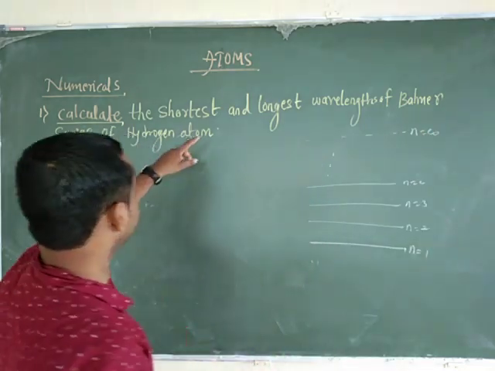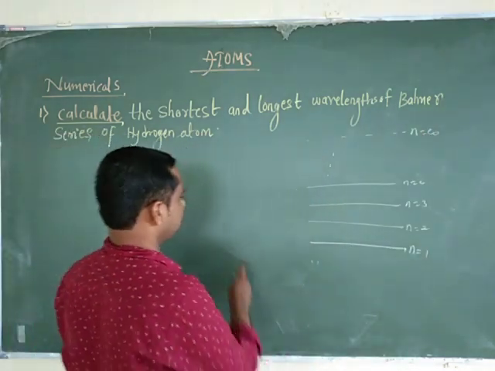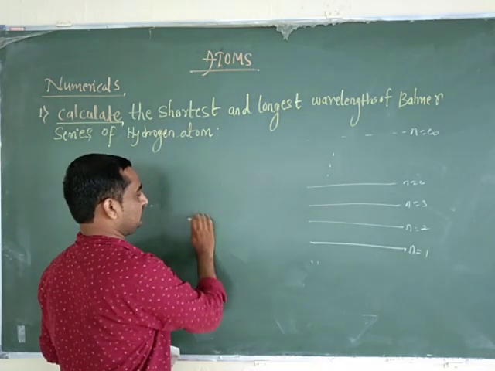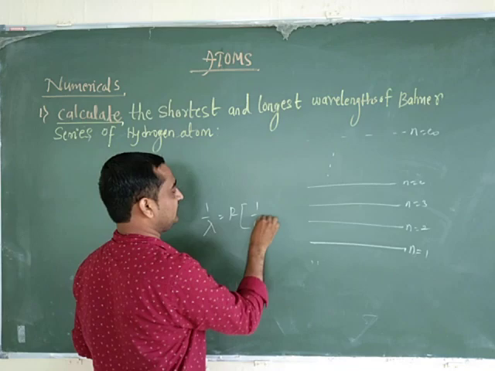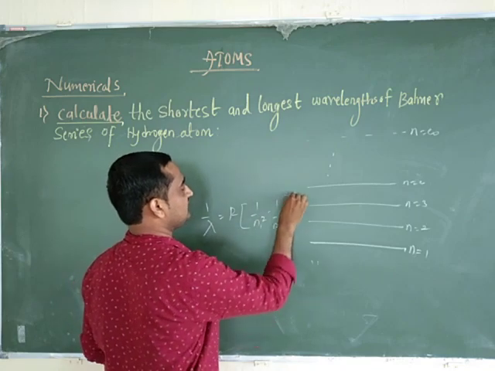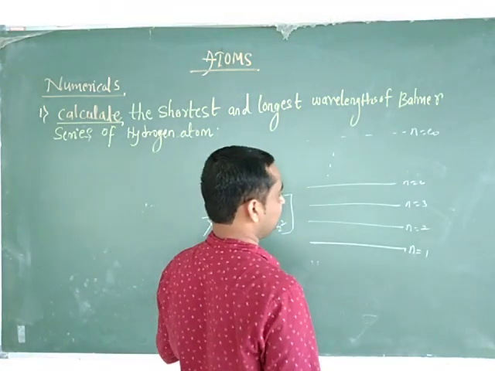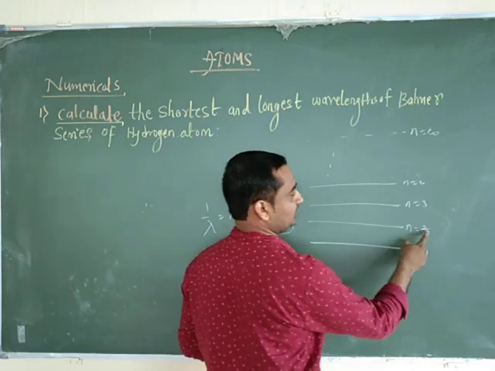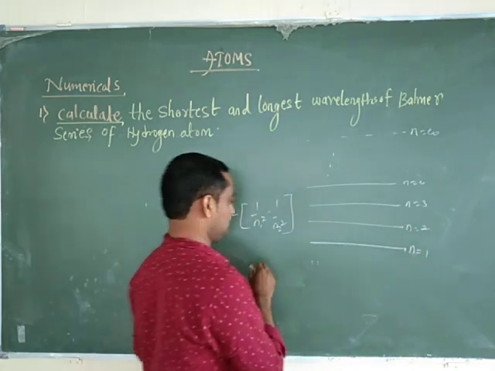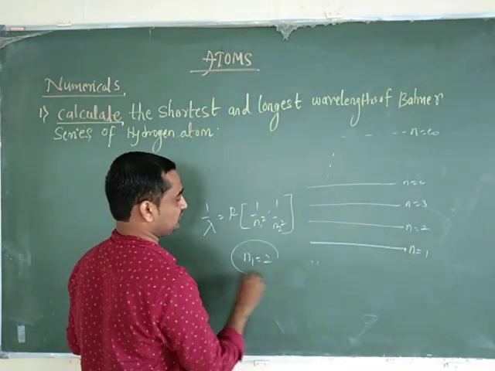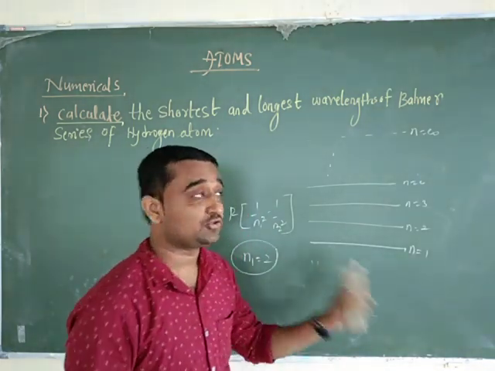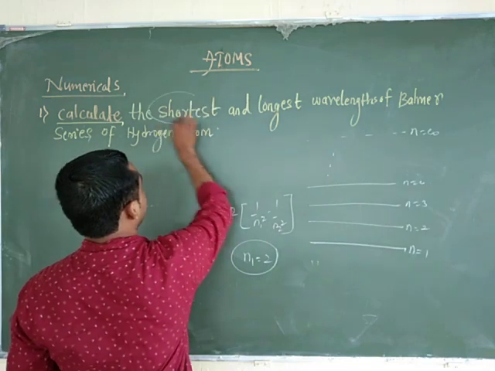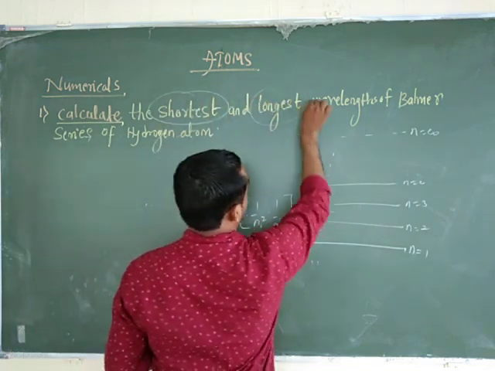So for the Balmer series, 1 by lambda is equal to R into 1 divided by n1 square minus 1 divided by n2 square. For the Balmer series, n1 is equal to 2. Now, what is meant by shortest wavelength and longest wavelength?